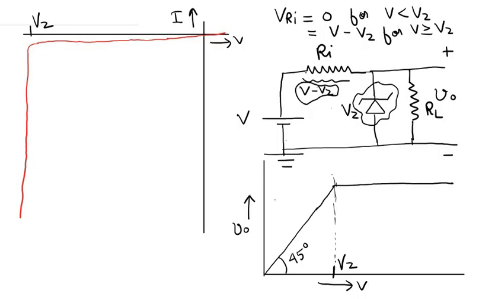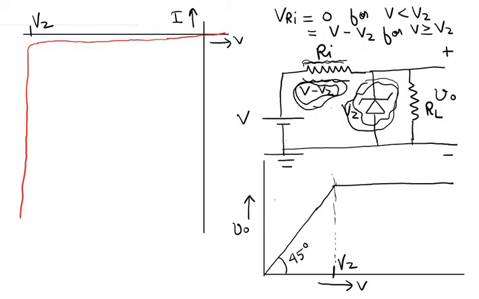Since this resistor Ri is not there, or if we short circuit this resistor Ri, there would be no impedance to consume this excess voltage V minus Vz. So the entire voltage would drop across this Zener diode with breakdown voltage Vz, and then the current across the Zener diode would be so high that it would burn the Zener diode.